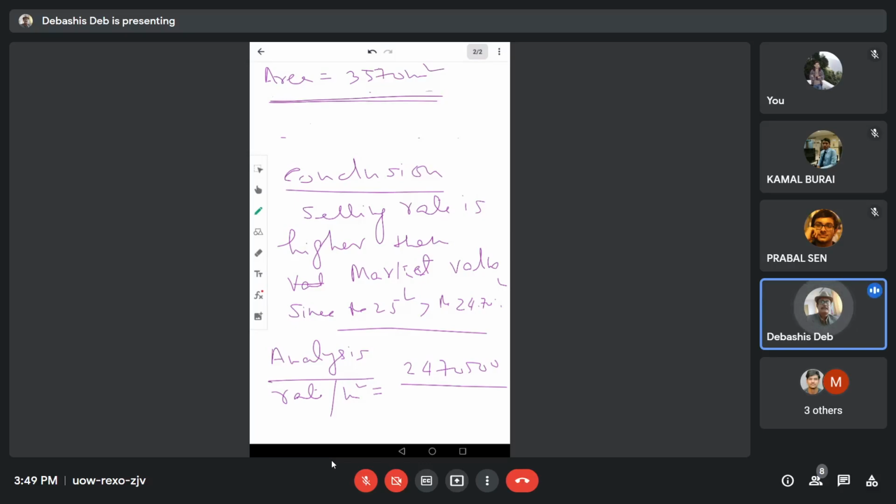In a problem, it is given that plot of land measuring area about 3570. So in the exam you need not calculate area. It will be given. Now only thing is that analysis will be here. It will be 2470500 divided by 3570. What is coming? Just tell me.